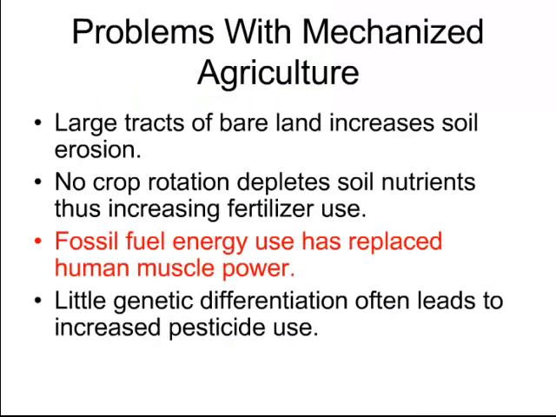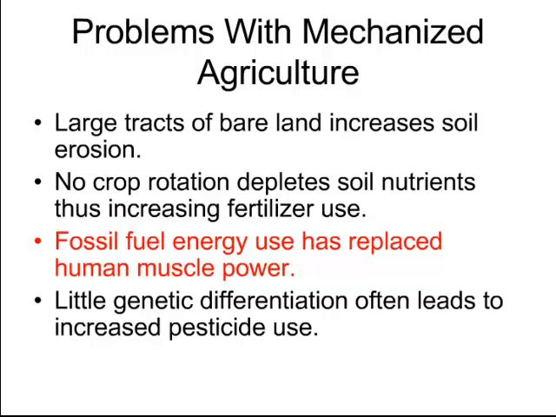So the problems with industrial agriculture we've done so far are first off soil erosion. And soil erosion was caused by the fact that industrial agriculture utilizes a monoculture. And monocultures need large tracts of land, and as you take a large amount of land, you want to use machinery to plow that, so it's left bare, ripe for erosion.